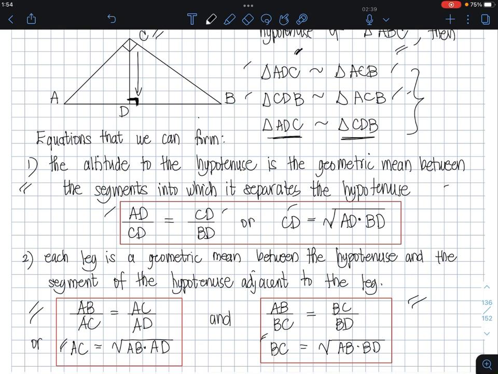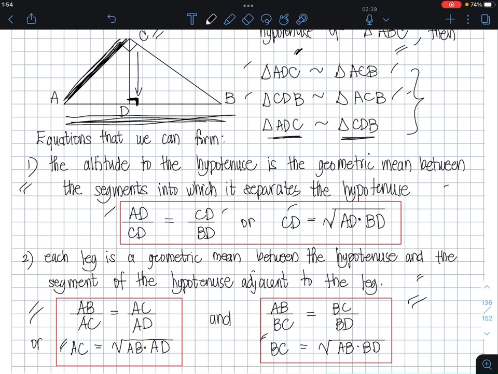So doon muna tayo sa isang leg. So para dito sa leg AC, so base dito sa second equation natin, dapat daw yung leg is geometric mean between the hypotenuse and the segment of the hypotenuse adjacent to the leg. So pag yun sila muna na itong leg AC, so geometric mean daw siya dito sa hypotenuse AB, okay?